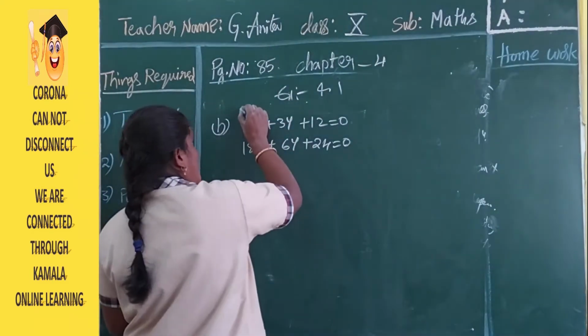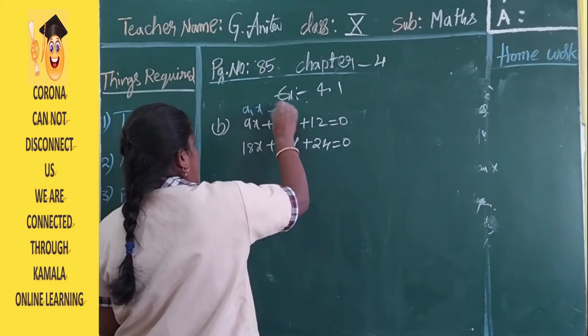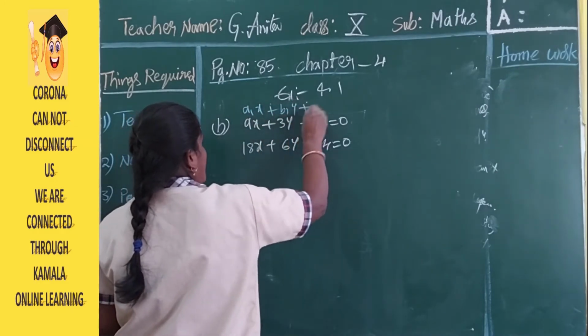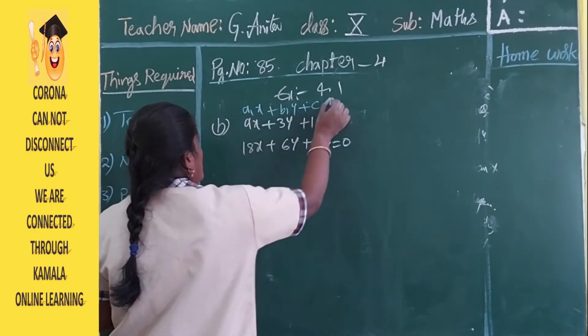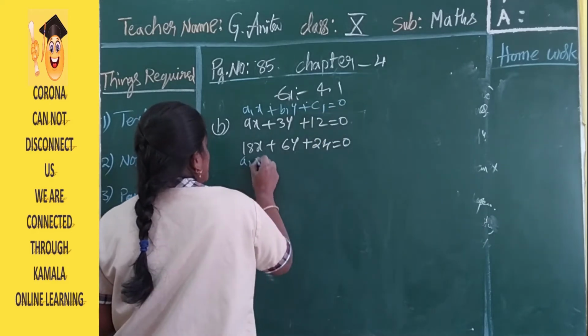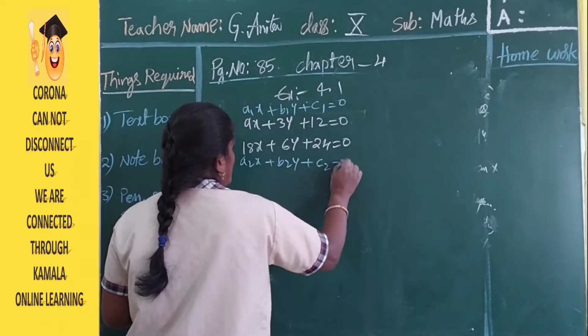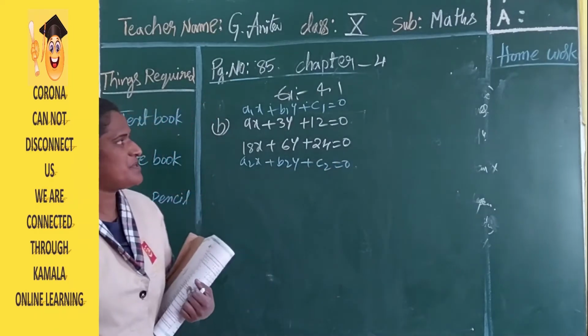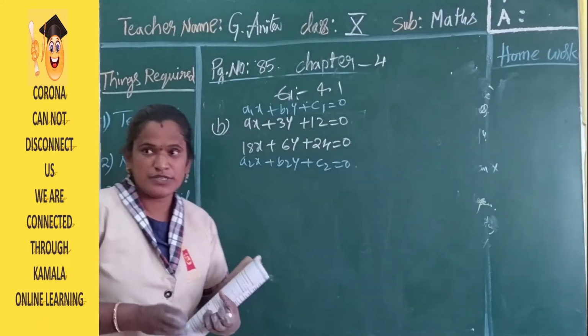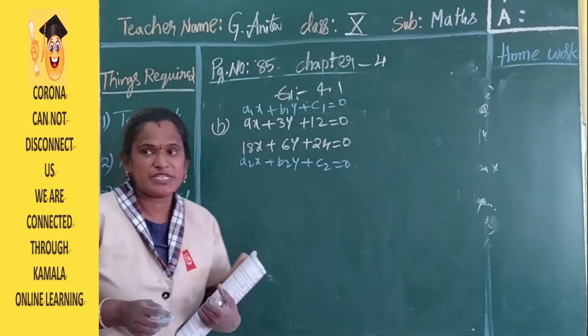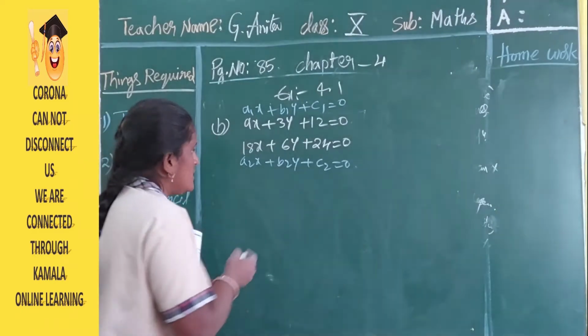What is the general form of a pair of linear equations? a1x plus b1y plus c1 is equal to 0, and a2x plus b2y plus c2 is equal to 0.